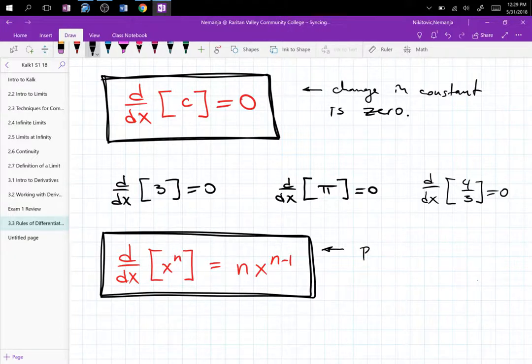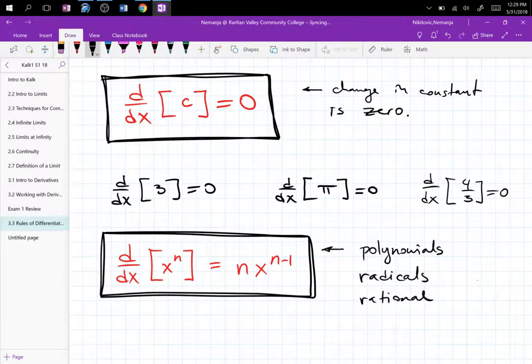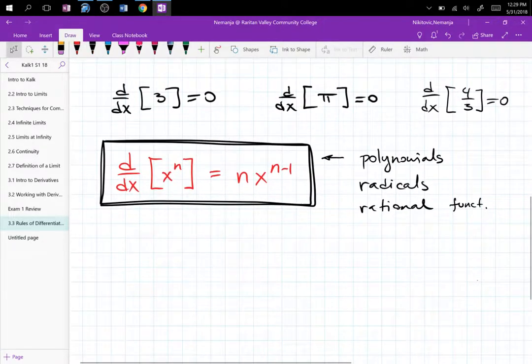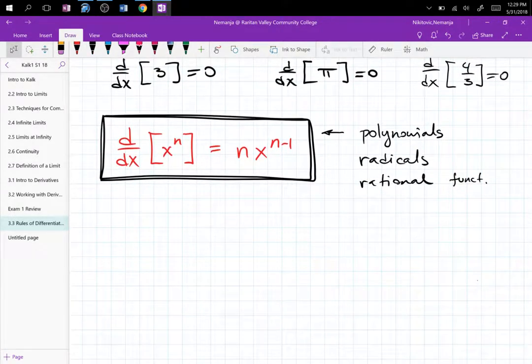It includes polynomials, radicals, and basic rational functions. I have to give you an example of all of these, and then we are going to see even more.